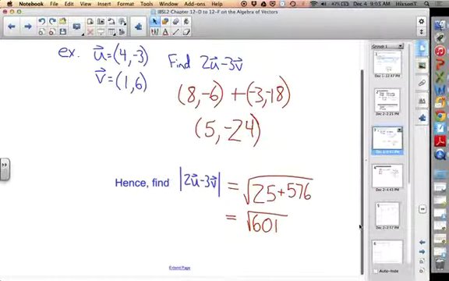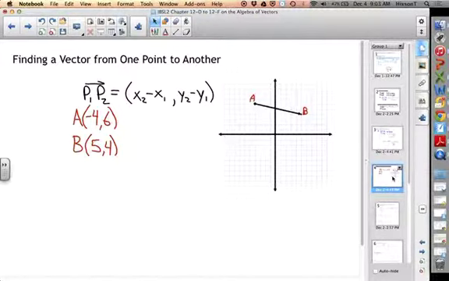Alright, so those are some of the basic operations with component vectors. One last thing we mentioned yesterday, but I wanted to talk about again briefly, and that is finding a vector from one point to another.